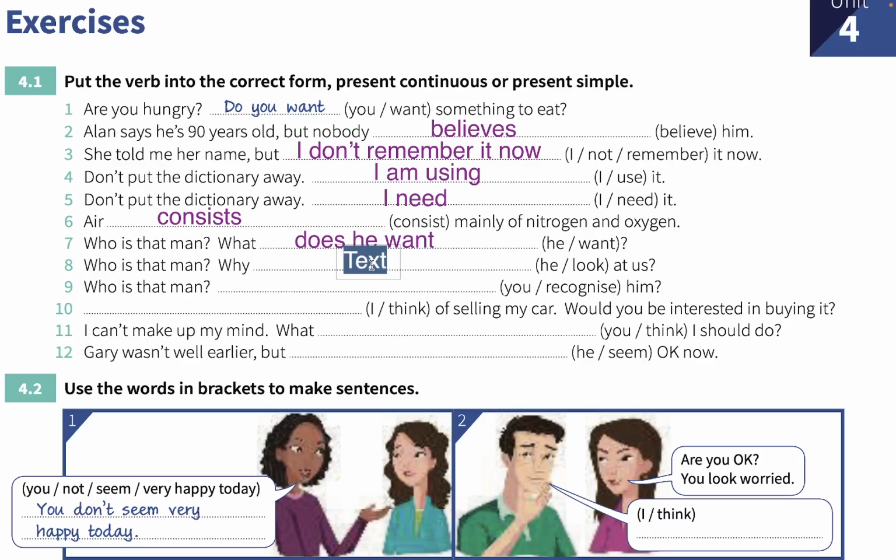Number 8. Who's that man? Why is he looking at us? Yes. Why is he looking at us? Number 9.